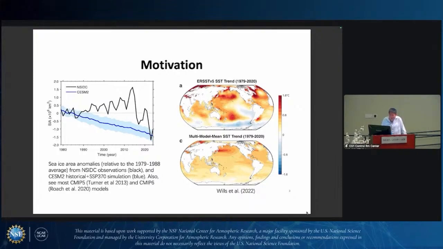Now we can see the issue, either in Antarctic sea ice and also in the Southern Ocean sea surface temperature trend. So the model shows a decline of Antarctic sea ice, but the observation is expansion. And on the other hand, the model shows the warming, but observation shows the cooling. Now my question is, are they related?